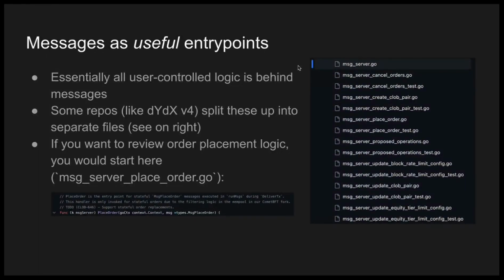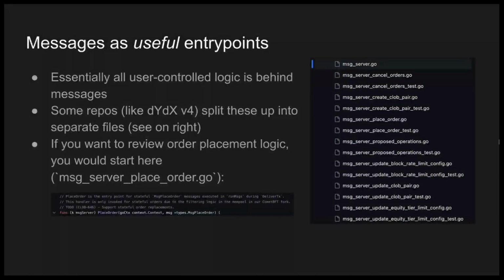Most Cosmos code bases have this under a single file per module, under message server. dYdX v4 has it split up for some abstraction purposes, I guess. Let's say you wanted to review their order placement logic: you would find this place order message, and this would be your top level. From here downwards, you can assume that any user can submit a place order message, and you can start an audit there.